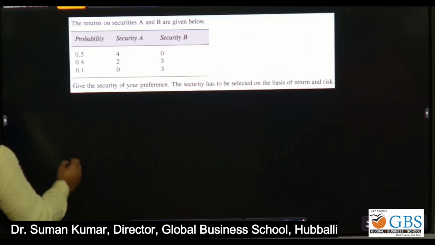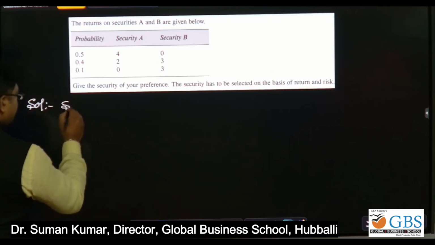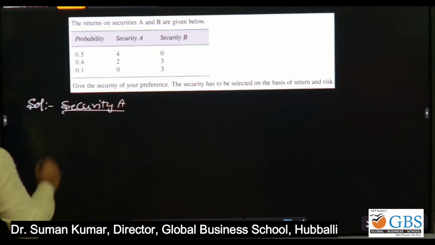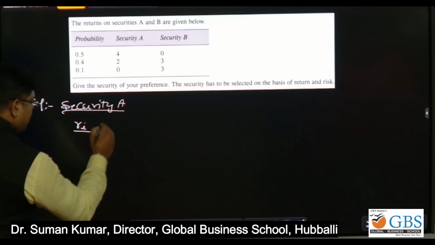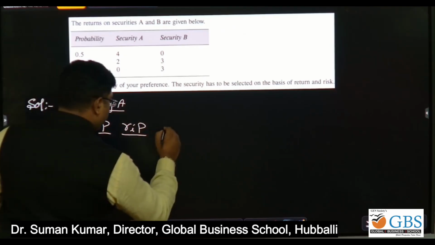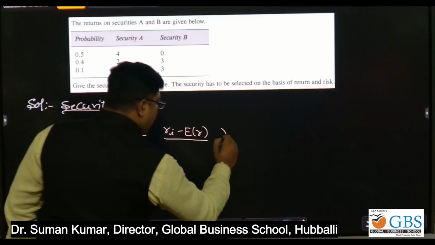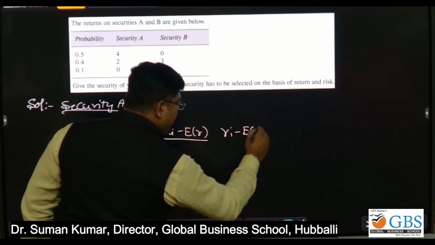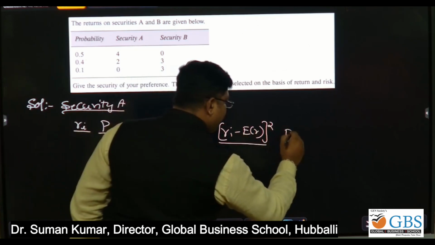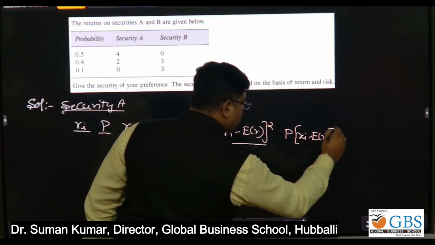So first we will consider security A. Solution, security A. So the columns again Ri, P, Ri into P. So Ri minus E of R, Ri minus E of R whole square, and the last column P into Ri minus E of R whole square.